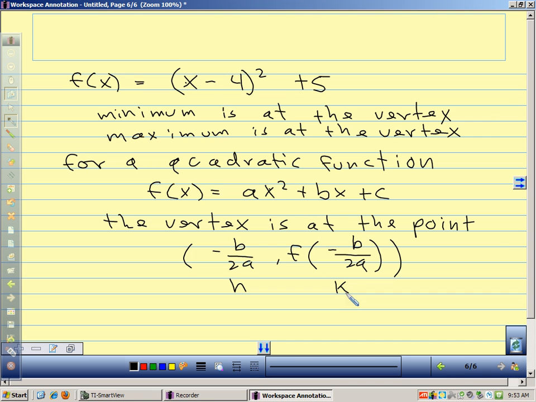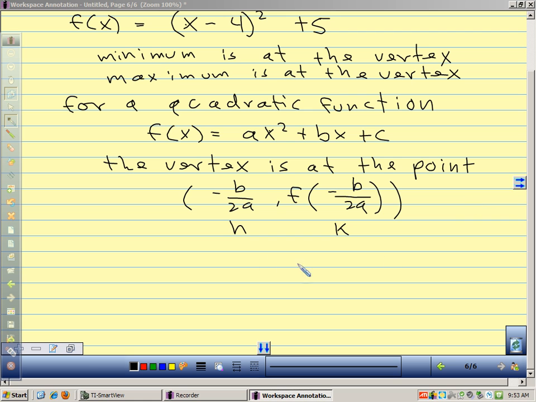So let's look at a quick example of using negative b over 2a to find a vertex, and then we'll be done. We'll do a nice simple one. f of x equals 2x squared plus 2x minus 1.